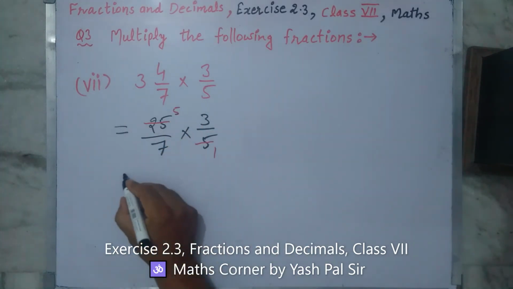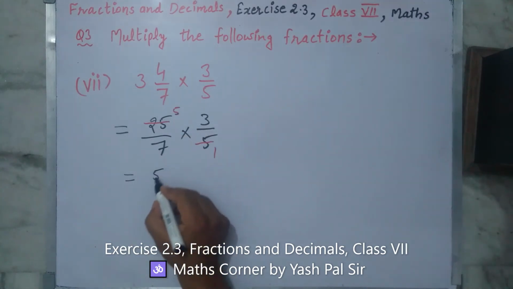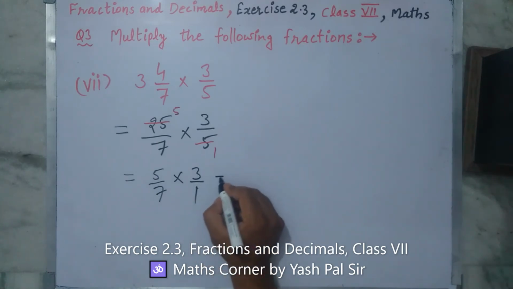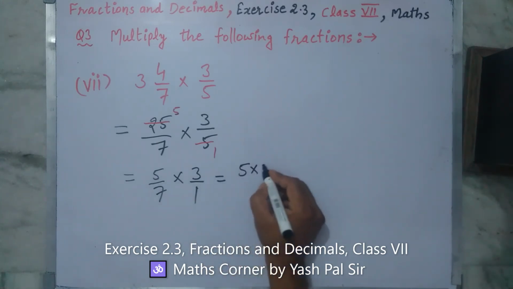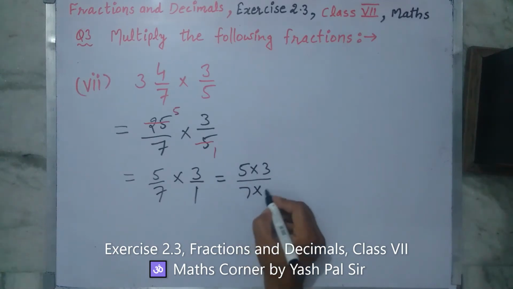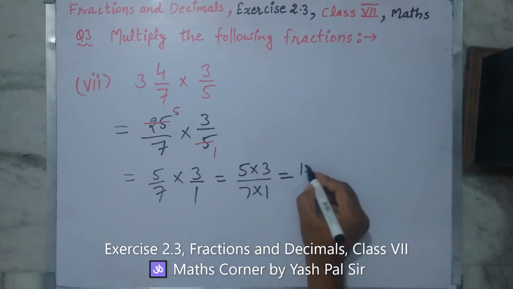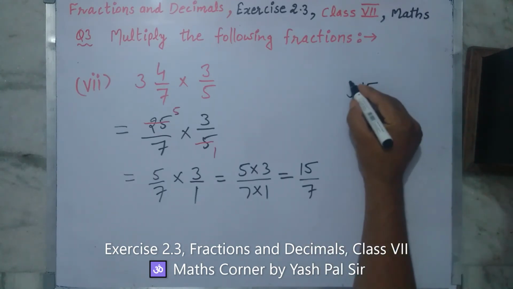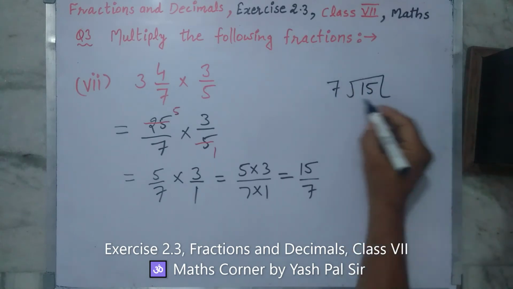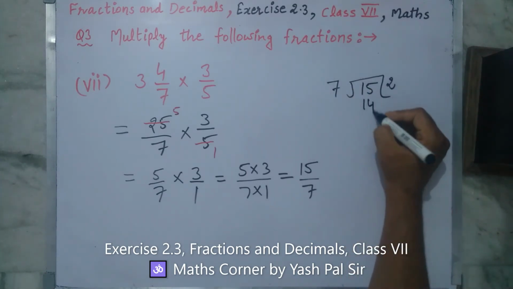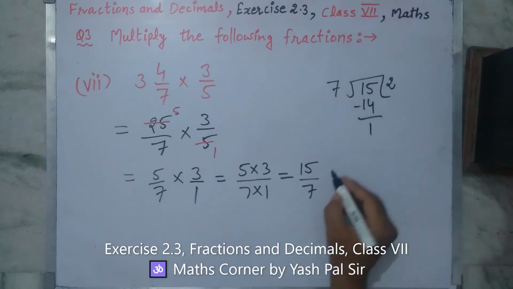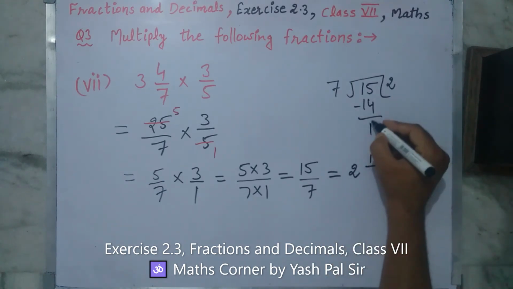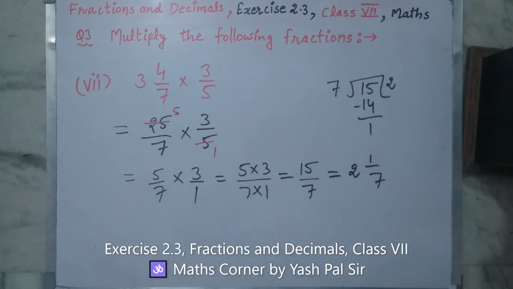So we can write this way: 5 upon 7 into 3 divided by 1, which is equal to 5 into 3 divided by 7 into 1, which is equal to 15 divided by 7. Now we divide 15 by 7. 7 twos are 14. 1 is the remainder. So the answer is 2 and 1 upon 7.